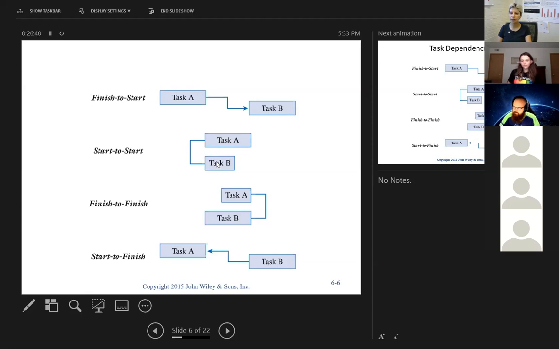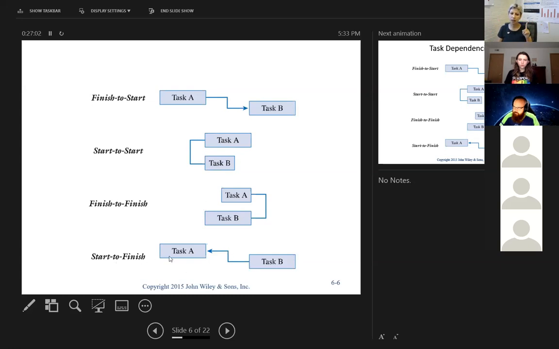So they can start at the same time. Things have to finish together. I have to finish coding before I can finish signing off the hours for my team members. If they want to get paid, we have to finish coding and finish the paperwork at the same time.